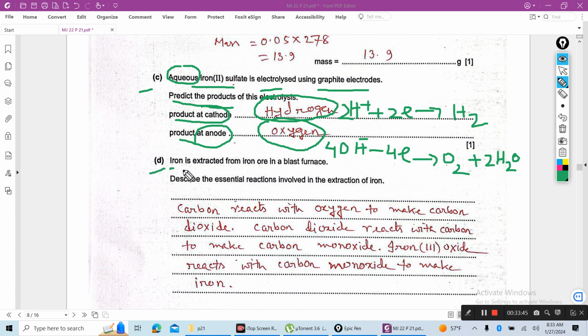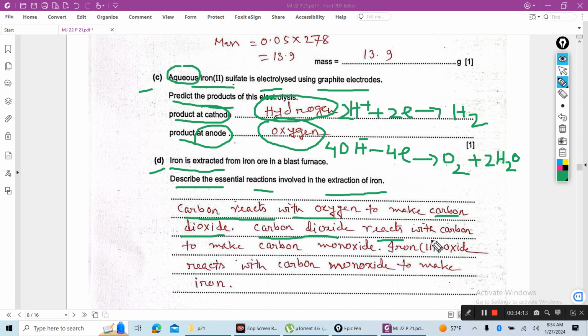Now iron is extracted from iron ore in a blast furnace. Describe the essential reactions involved in the extraction of iron. First, carbon reacts with oxygen to form carbon dioxide; carbon is oxidized.